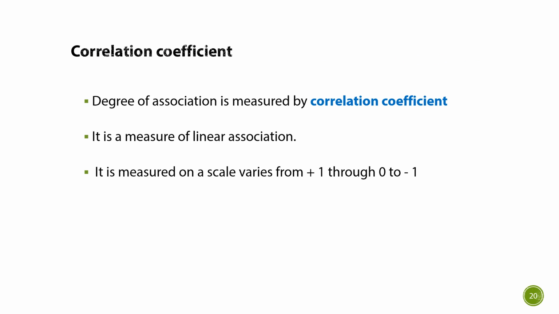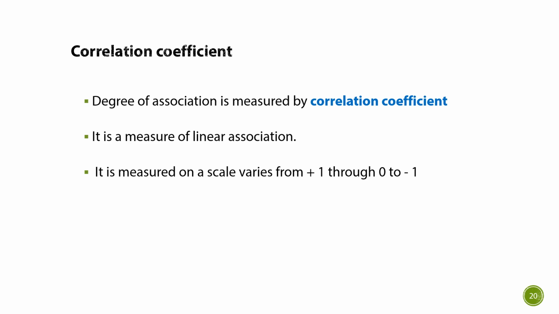The main result of correlation is called the correlation coefficient, which is represented by R. It is also called Pearson's correlation coefficient. This correlation coefficient is a single number that measures both the strength and direction of the linear relationship between two continuous variables. It ranges from -1 to +1.